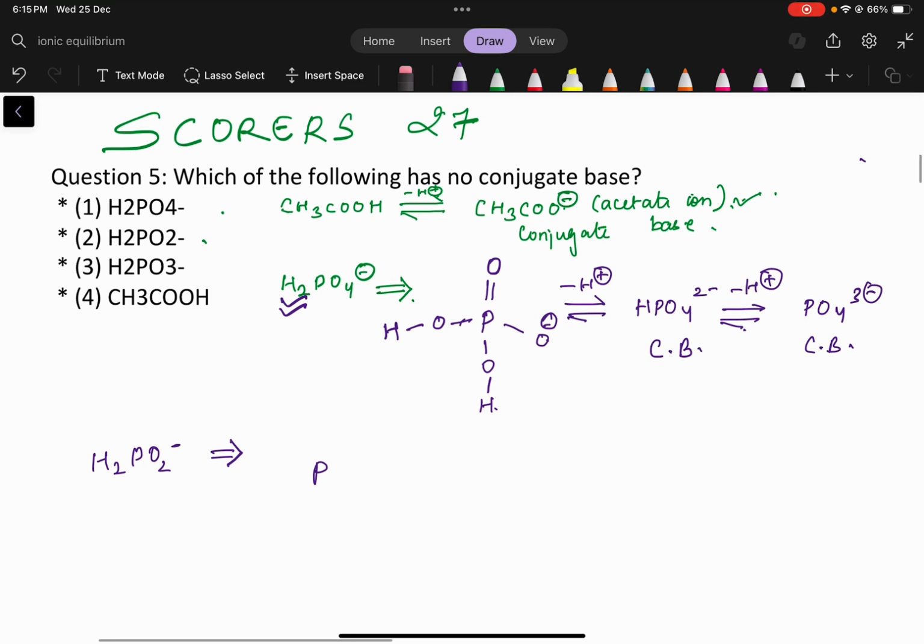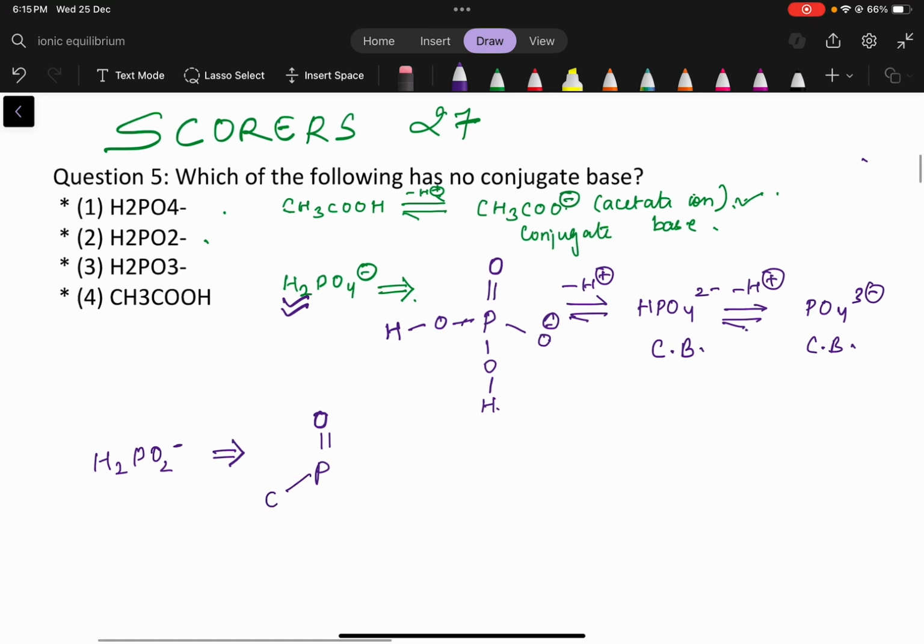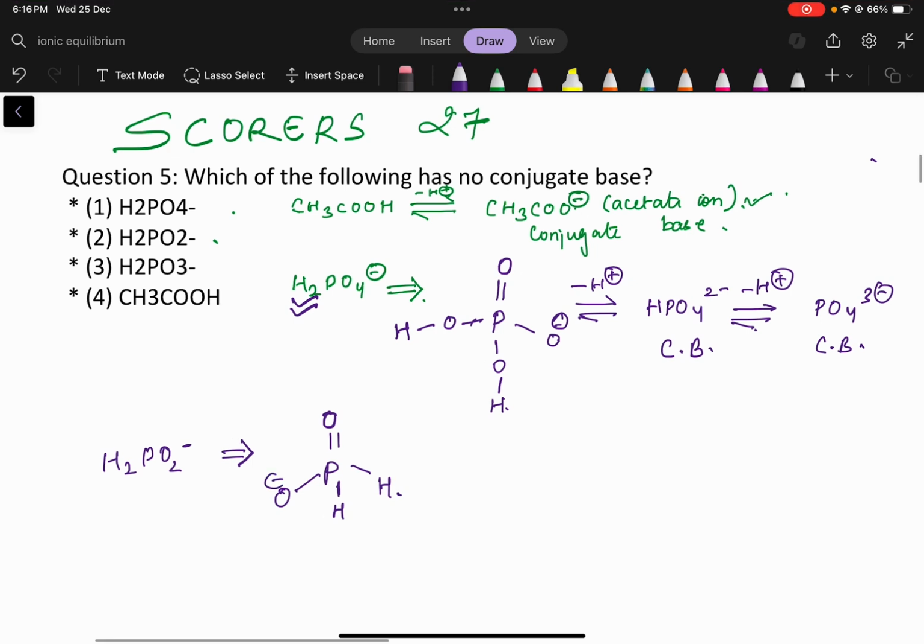P double bond O, single bond O over here, and this hydrogen is directly attached to phosphorus, right? This hydrogen is directly attached to phosphorus instead of hydrogen being attached to oxygen, right?